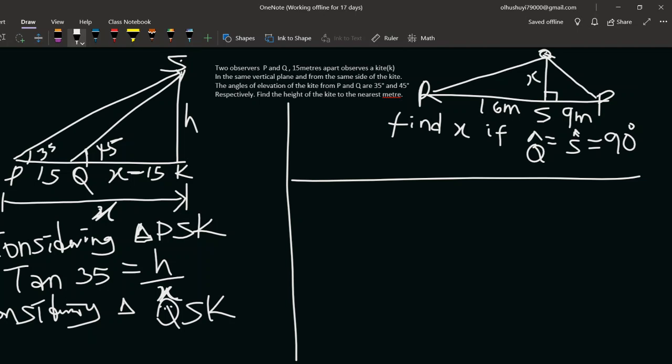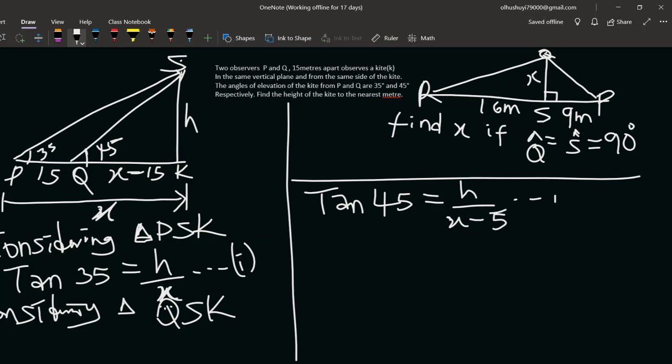QSK, what do we have? We have tan 45 to be equal to opposite, which is h, upon adjacent, x minus 15. I will call the first one equation 1. This becomes equation 2.